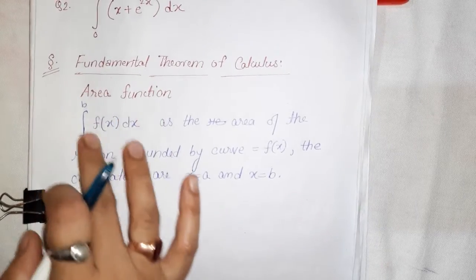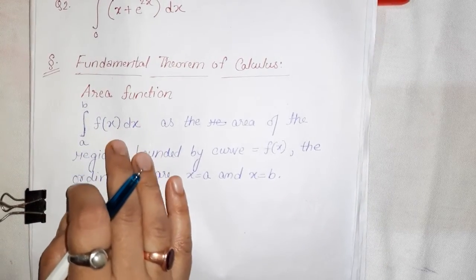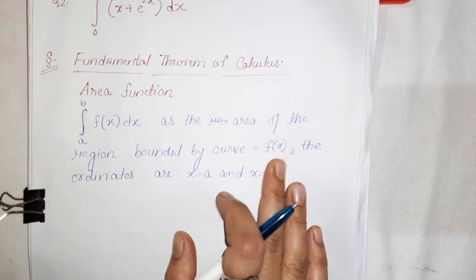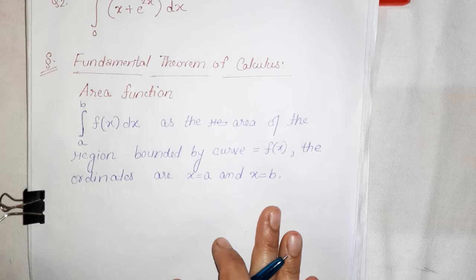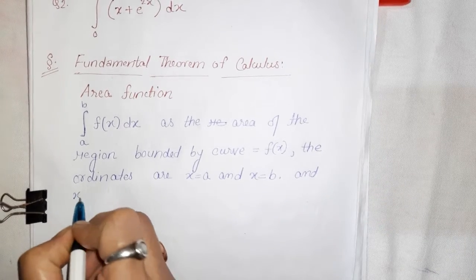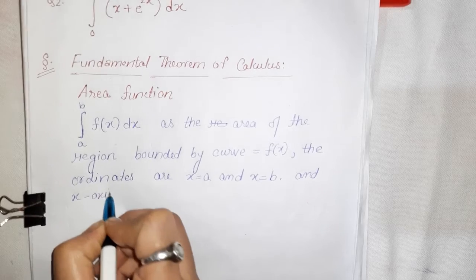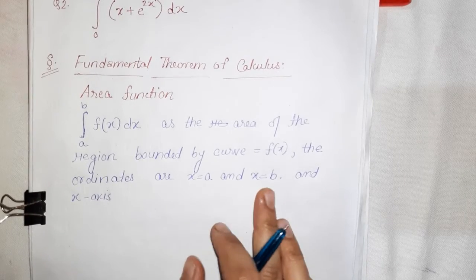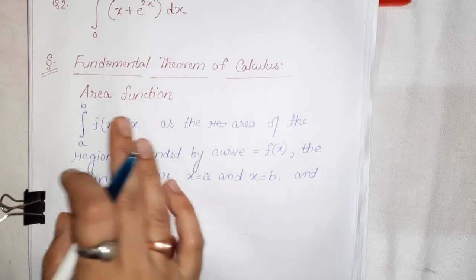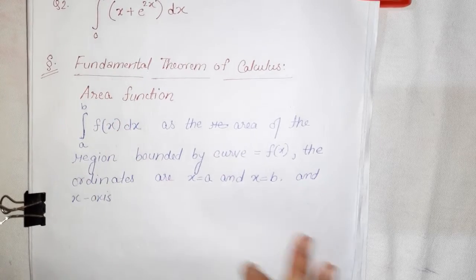So we took this as the area of the region bounded by this curve and these two ordinates, and the x-axis. The area covered by the x-axis, x equals a, x equals b, and y equals f of x, that is the value of this integral.